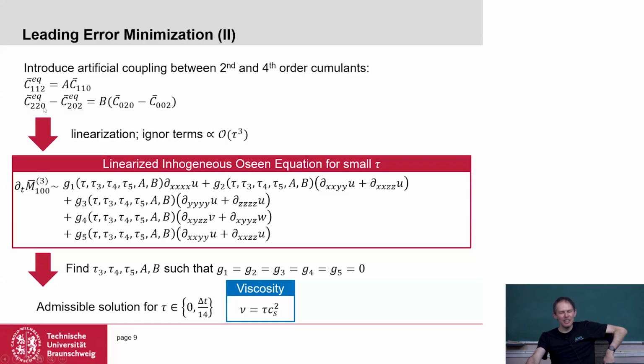manipulate the equilibrium functions of these first order cumulants somewhat. So now I told you that their equilibrium is supposed to be 0. But I decided I can squeeze a parameter into this so that they are not 0. This makes the entire thing anisotropic.